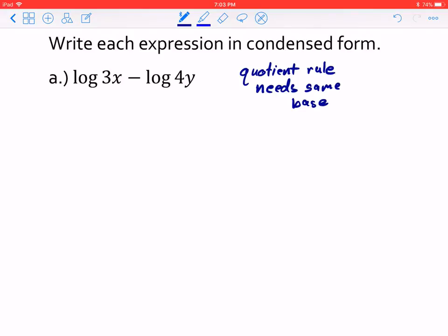So if I want to write them as one logarithm, I'm going to keep the same base, so 10, or nothing to write there. And then I'm applying the quotient rule. The 3x will go in the numerator because the logarithm in front was positive. And then the 4y will go in the denominator.